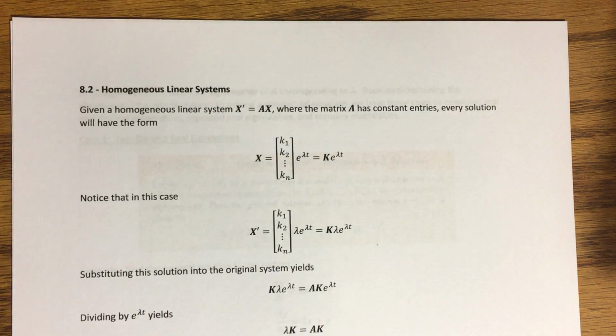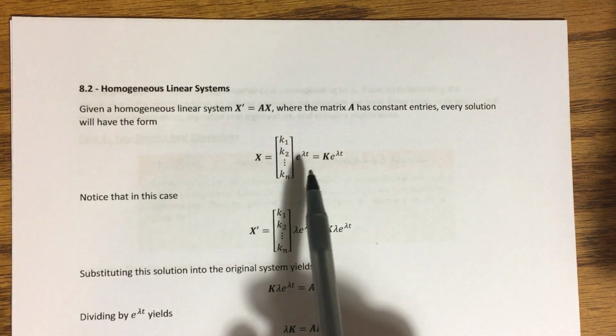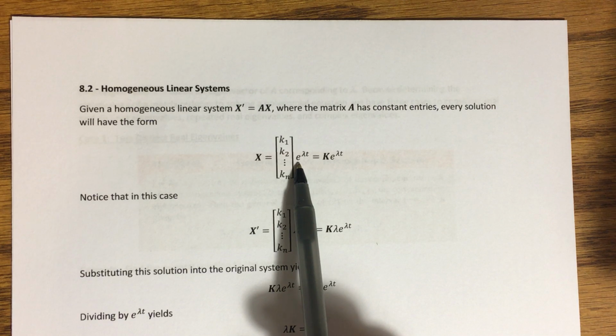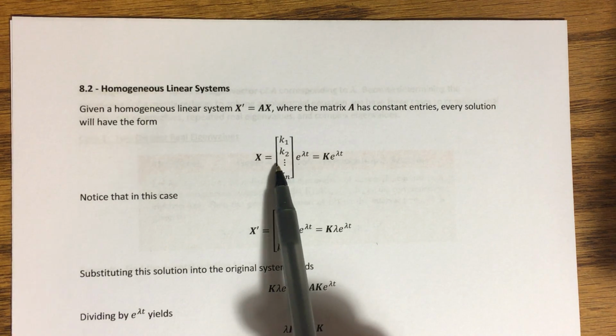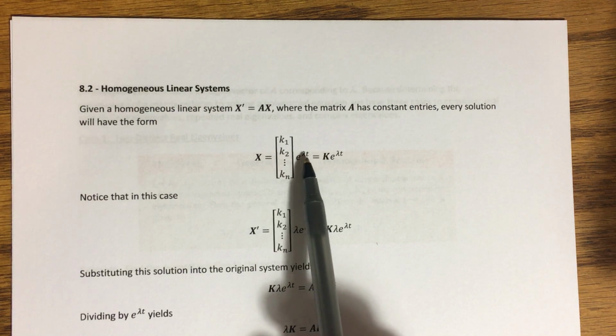This shouldn't be super surprising, because if you go back to chapter 4, section 4.3 specifically, where we talk about solutions to homogeneous linear equations, not systems of equations, but just equations with constant coefficients, all of our solutions had this form as well, without the matrix here. In fact, what we had were linear combinations of exponential functions.